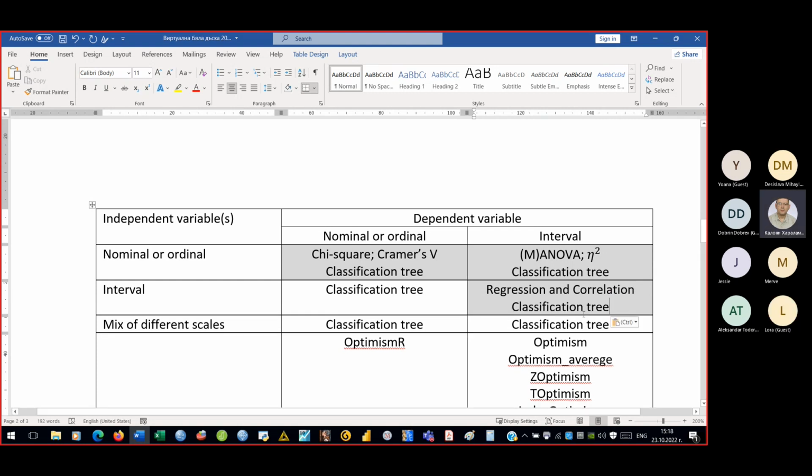So, what does that mean, classification tree?